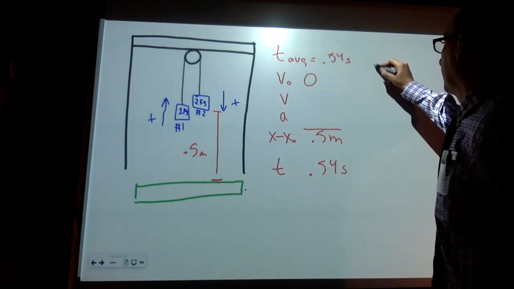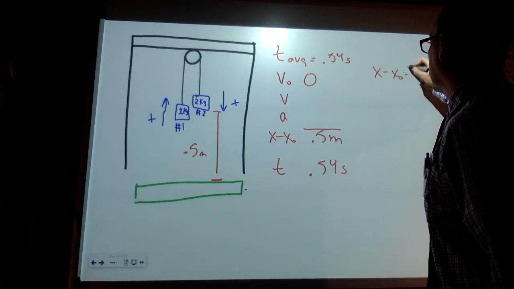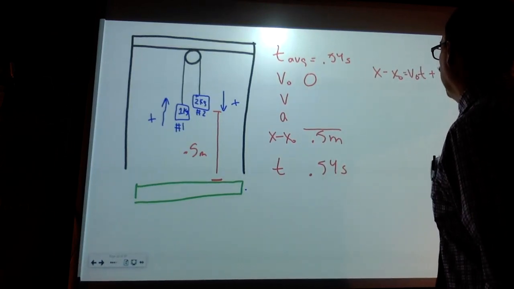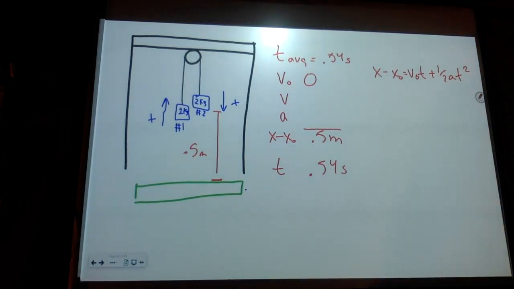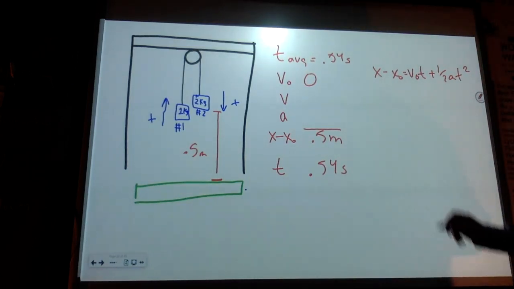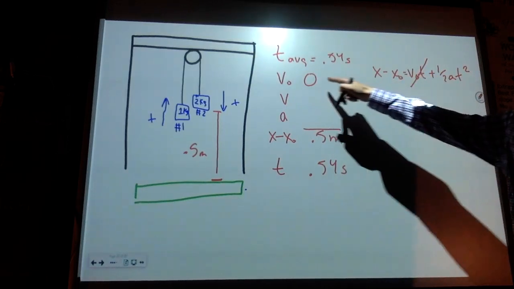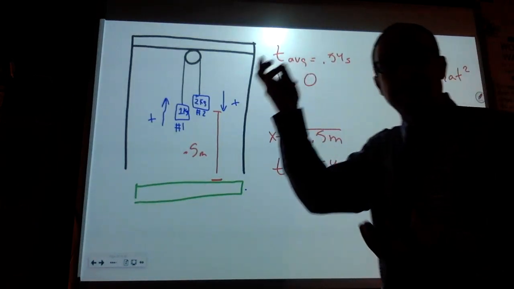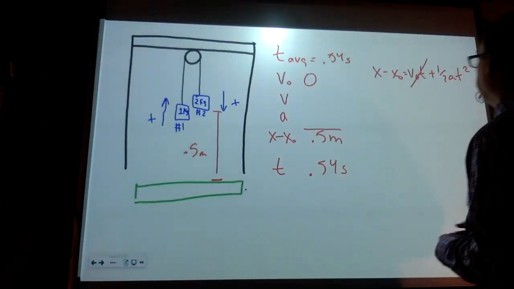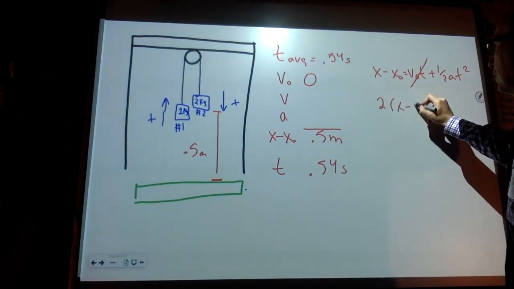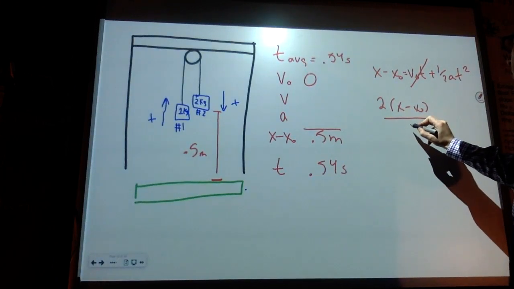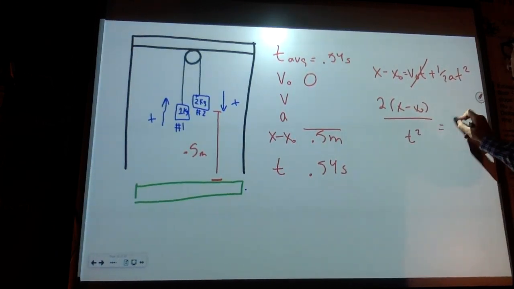All right, so remembering kinematics, if I have constant acceleration, and I do in this Atwood machine, I have that x minus x naught equals v naught t plus 1/2 at squared. That's going to cancel out because I'm starting from rest. You're going to release it from rest and time it 5 times. I'm going to multiply by 2, and I'm going to divide by t squared.